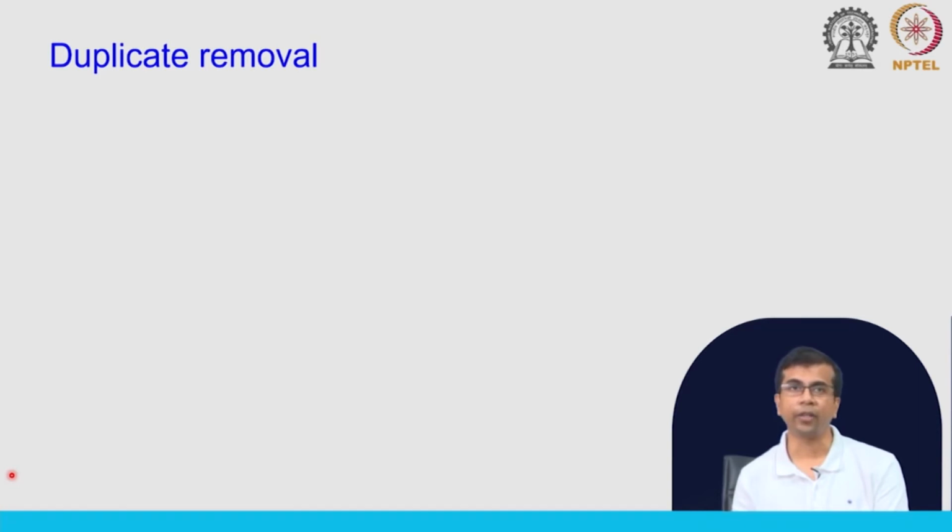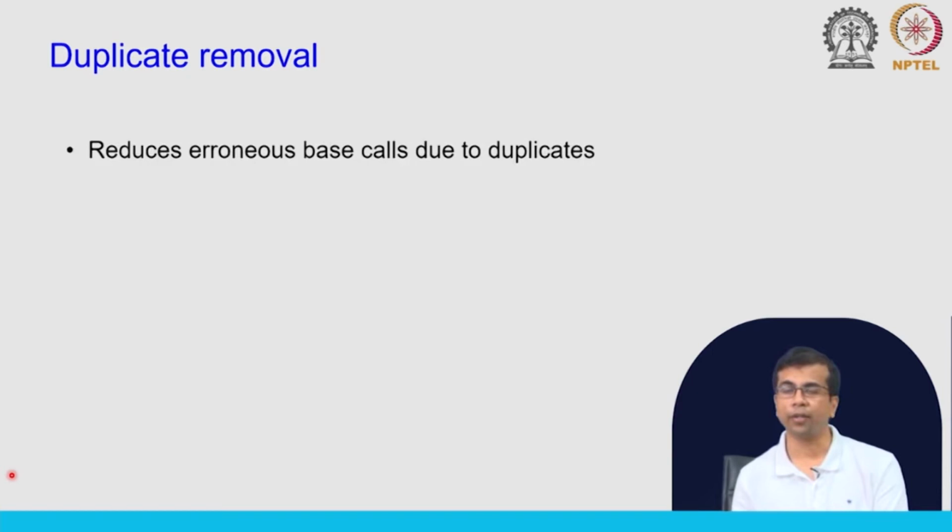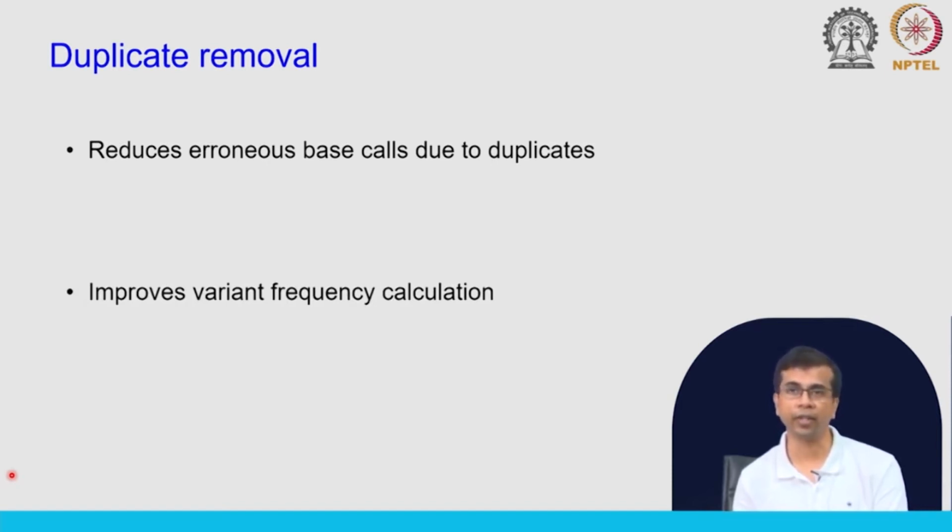The next step we have mentioned is the duplicate removal or duplicate marking. As you have seen in the schematic figure that I have shown you, it reduces erroneous base calls due to duplicates, and also helps in improving the variant frequency calculation.